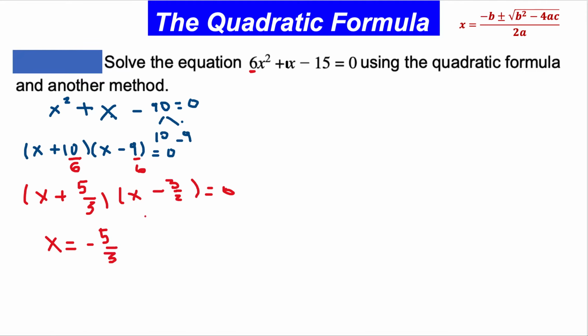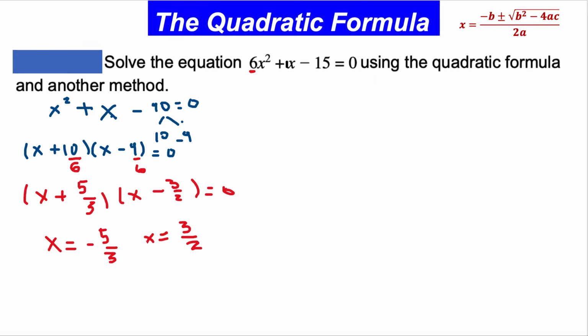For the other one, x minus 3 over 2, the other solution is the opposite sign, 3 over 2. I'm just putting it on the other side and changing the sign. So those are the solutions for this quadratic equation.